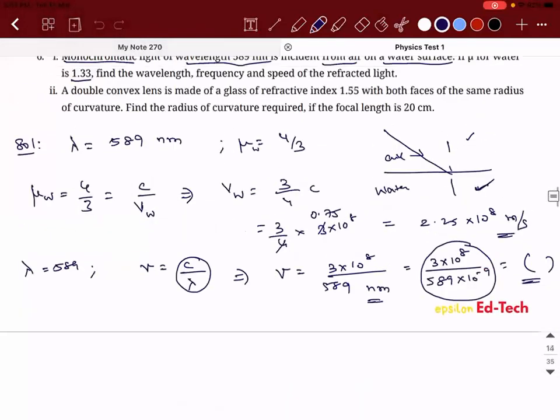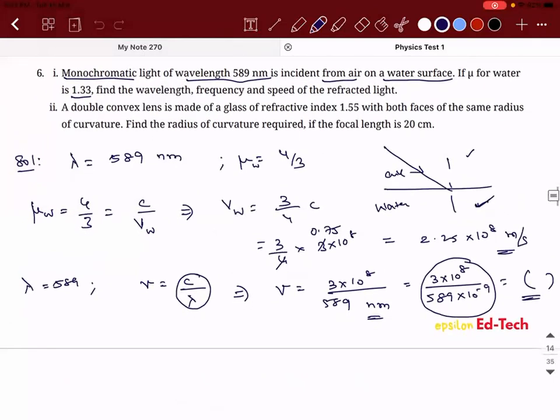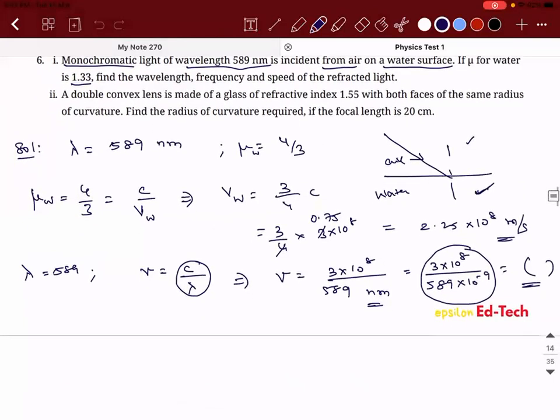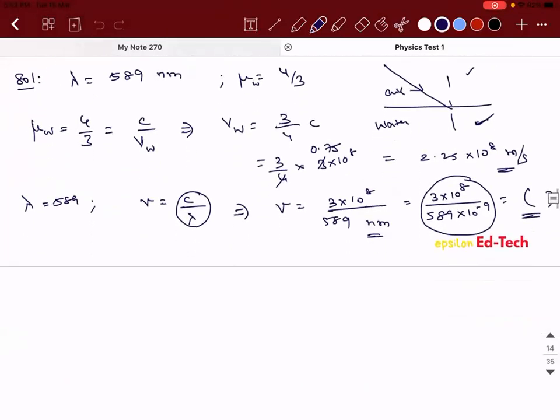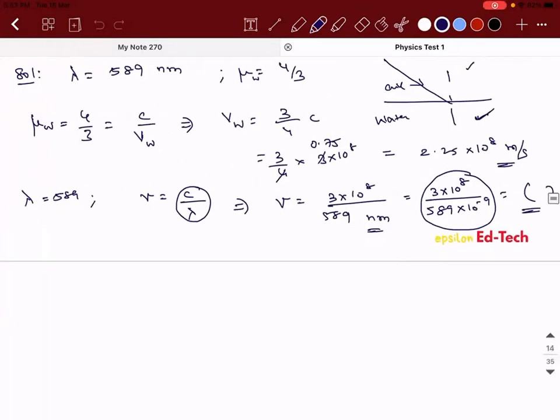They asked about the wavelength of the light in this second medium. So how do you calculate the wavelength of light in second medium? We know that refractive index of water divided by refractive index of air is equal to speed of light in air divided by the speed of the light in water medium.